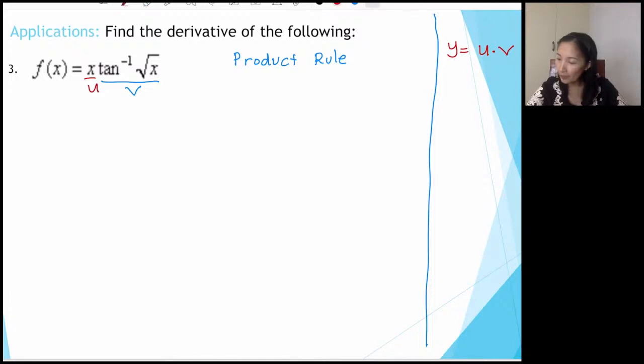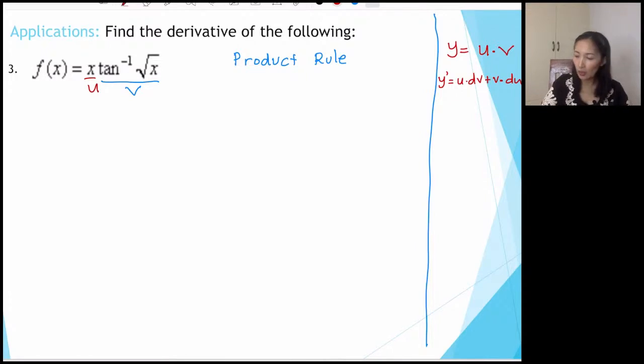So, y prime is equal to u times dv plus v times du. Okay? So, let's identify our u and v from here. Our u is x. Okay, let u is x. So, differentiating your u, du is equal to 1.